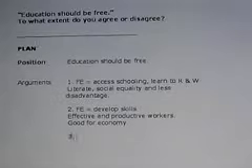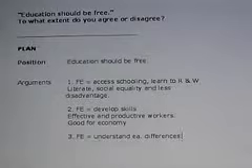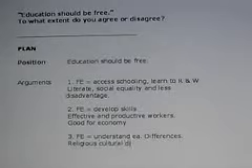So a third argument for free education would be that if people can access schooling, they can understand each other's differences. They can understand each other's religious and cultural differences.